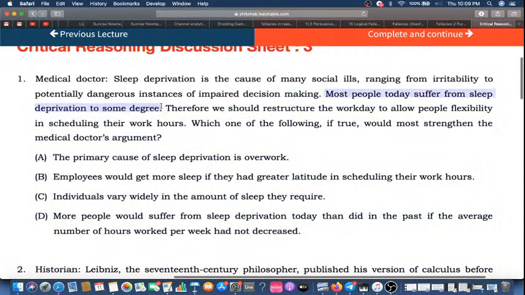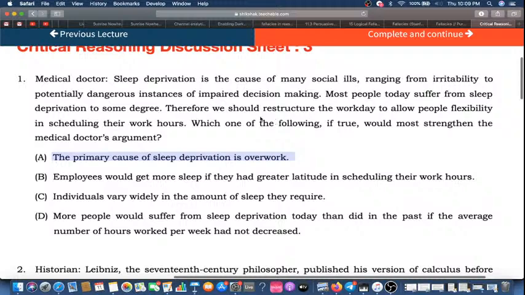That means most of them are making those dangerous mistakes, and therefore now I come to my conclusion. We should restructure the workday to allow people flexibility in scheduling their work hours. That's what was given. Those who said option A, the primary cause of sleep deprivation is overwork.